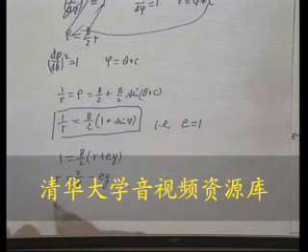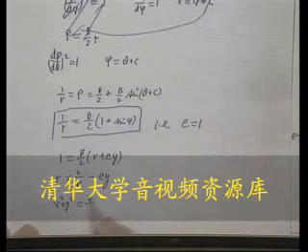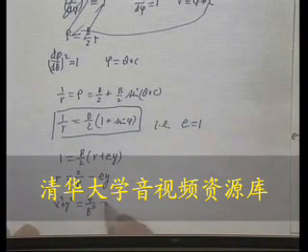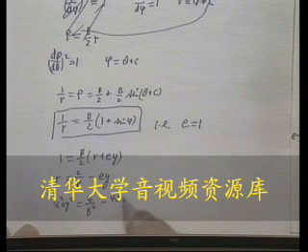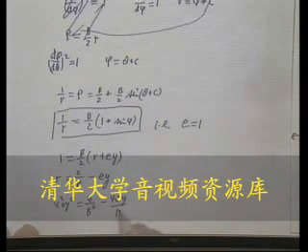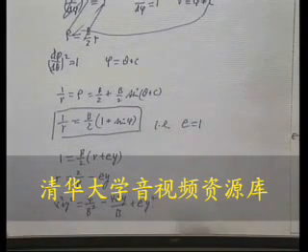I square this, and I get x squared plus y squared is equal to 4 over b squared minus 4ey over b plus e squared y squared.